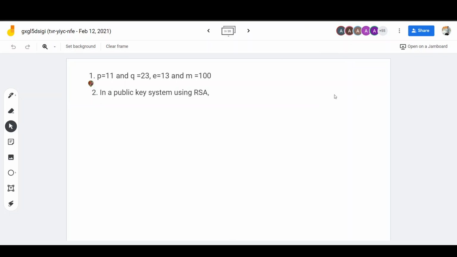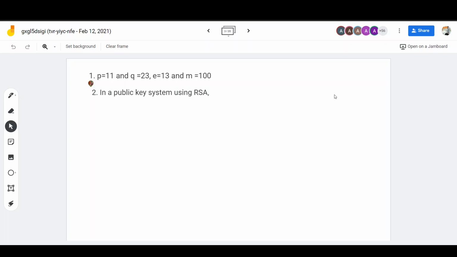You intercept the ciphertext C equal to 10 sent to a user whose public key is E equal to 5 and n equal to 35.